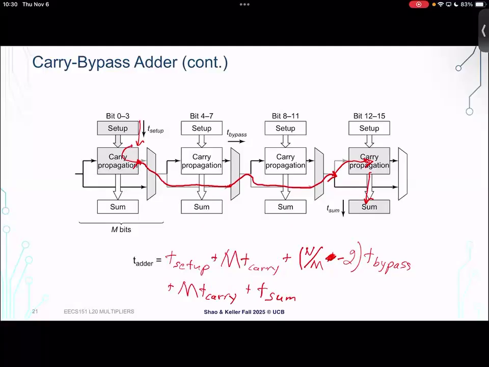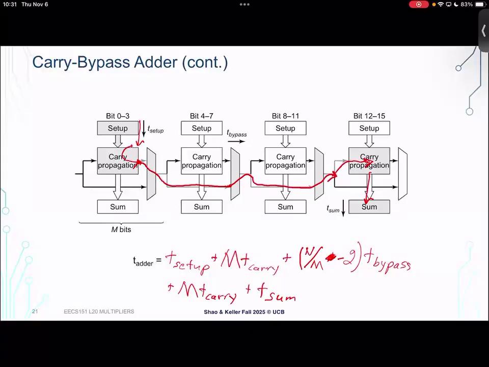So this is the critical path. This is the worst case. This worst case won't always happen depending on our inputs. But as you know, we always need to determine our timing in our digital circuits for the worst case, right? So this is what you would declare as the worst case delay of this circuit. And we notice that that delay is no longer proportional to N. It's not N stages.